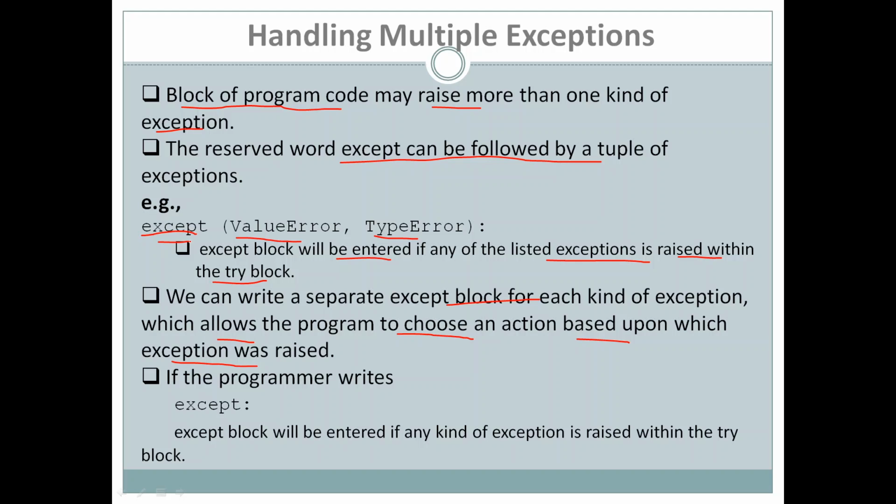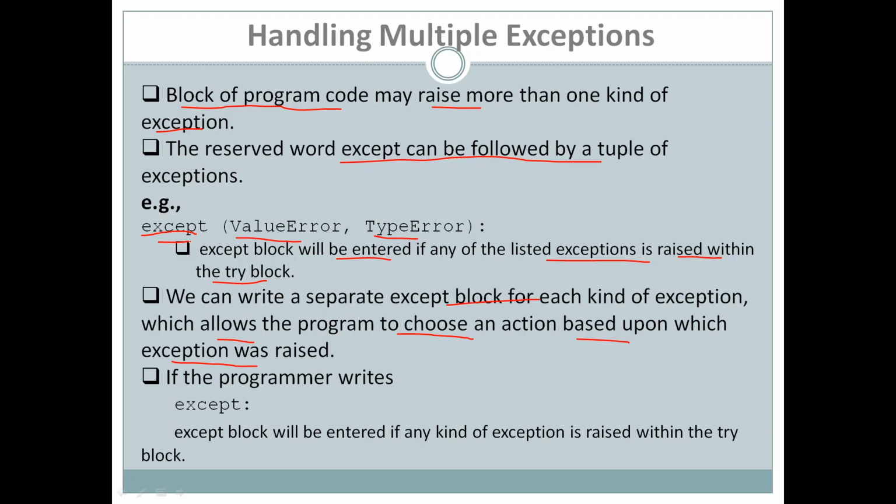But suppose for different types of exception we want to execute a different set of code, or we want the handling of every exception to be different. In such cases we can include multiple except statements in the program.